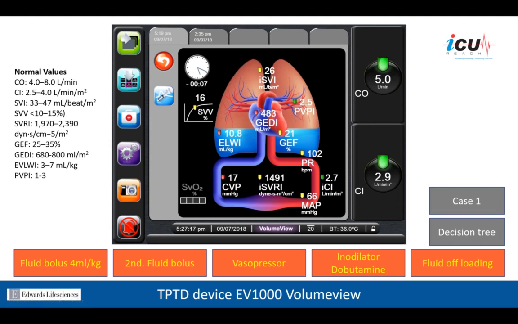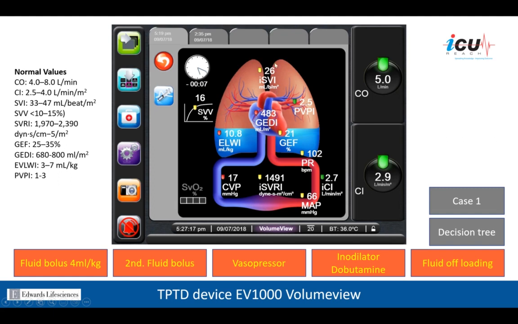The second thing I would assess is the contractility, and the contractility is assessed by the global ejection fraction. You can see that his global ejection fraction is 21%. The normal is 25 to 35%, so it is slightly decreased, most likely because of his decreased preload.